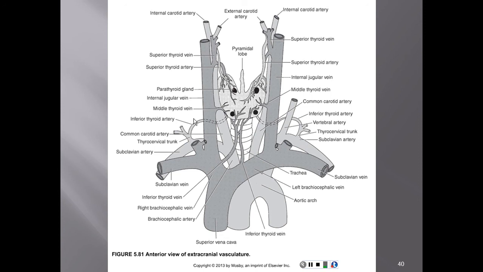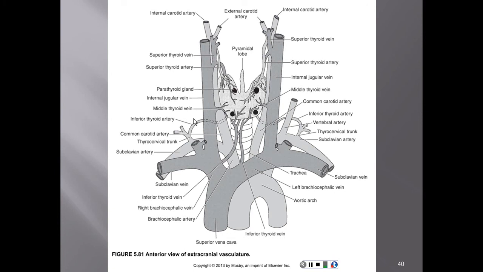Anterior view of the extracranial vasculature. The right common carotid artery arises from the brachiocephalic artery posterior to the sternoclavicular joint. Located on the external surface at the bifurcation of the common carotid artery is the carotid body, a small neurovascular structure that acts as a chemoreceptor to sense changes in the chemical composition of blood.